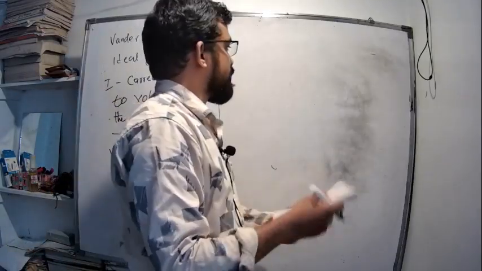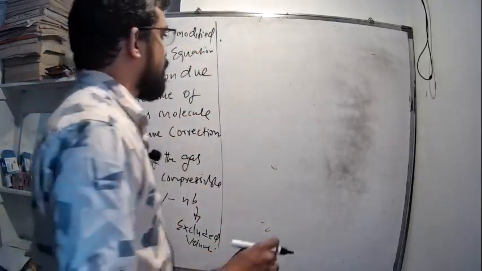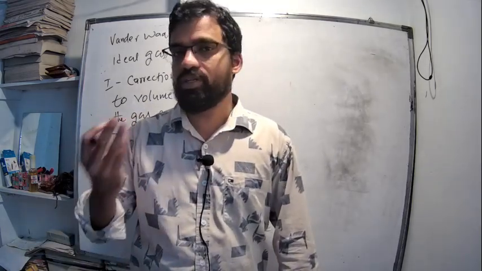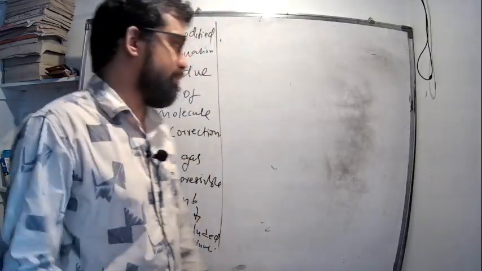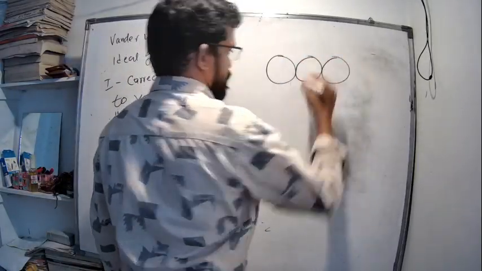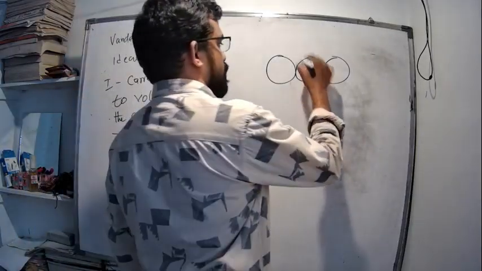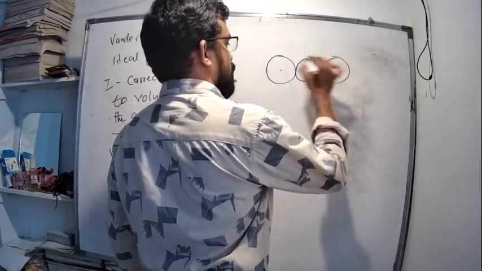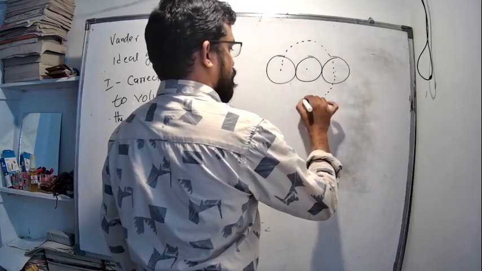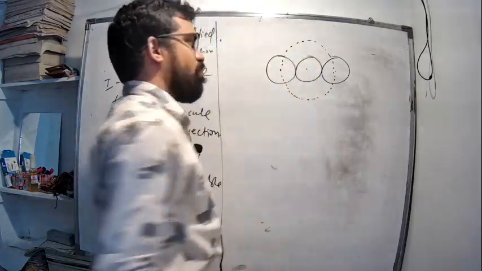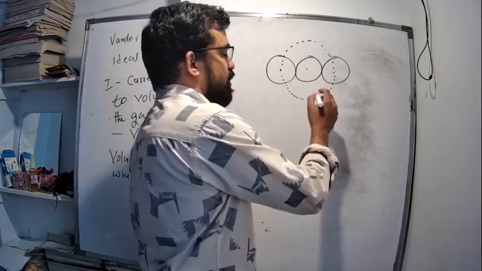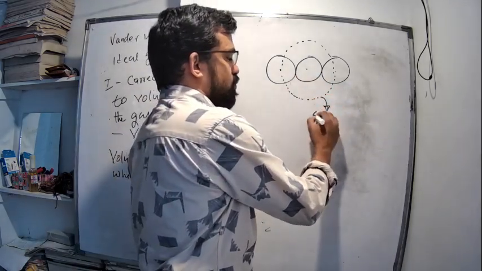Let me elaborate on the excluded volume, and how it is related to the actual volume of the molecule. Let us discuss. These are gas molecules, close to each other, and this is actually the excluded volume.